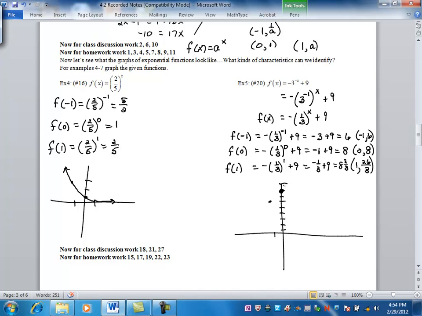So that's almost up here at 9. Okay? And when we take a look at this graph, you notice you've got a horizontal asymptote here at y = 9. Alright, and we'll notice that our exponential function is a decaying function.